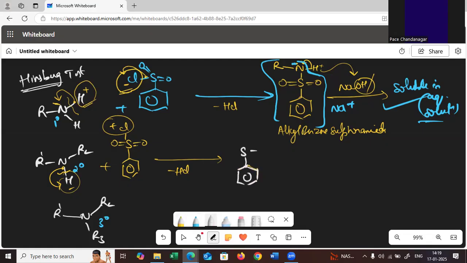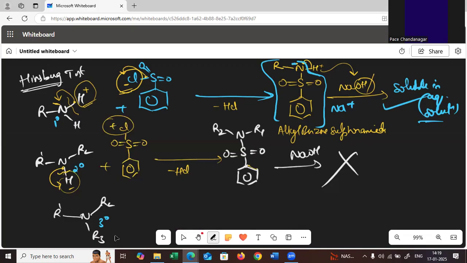Now what happens after that, that's the challenge. I got N with R1 and R2 here, right? And if I go with NaOH on this, there will be no reaction at all, because there is no hydrogen to get displaced out of this position. So there is nothing to lose, no reaction there.